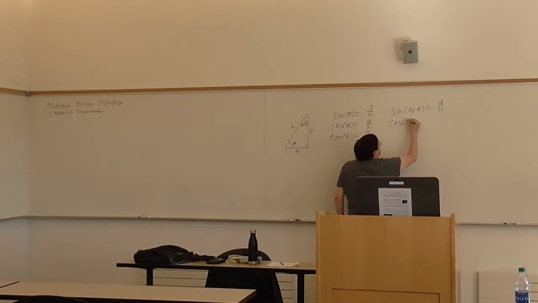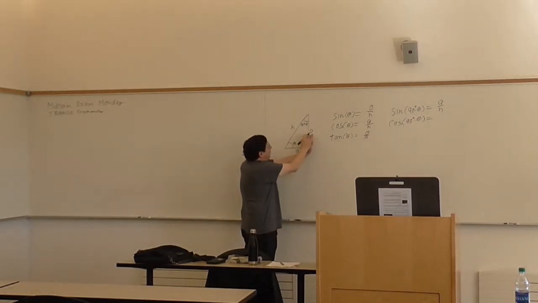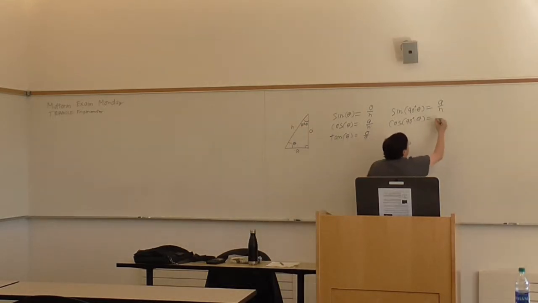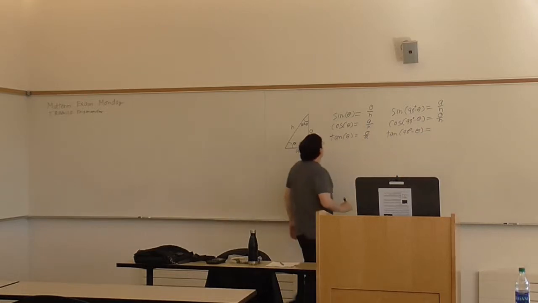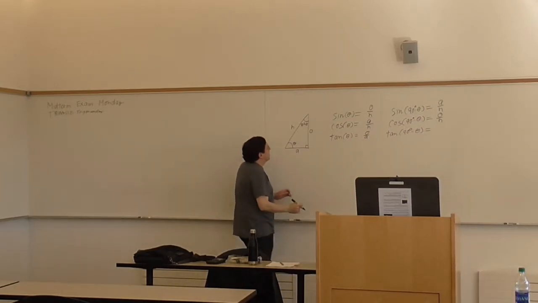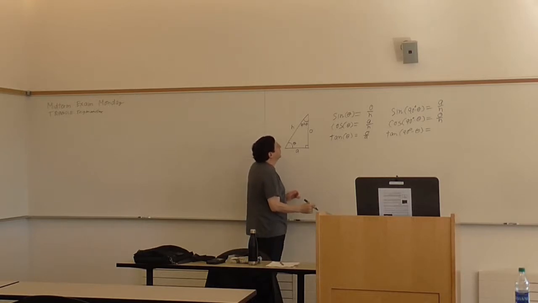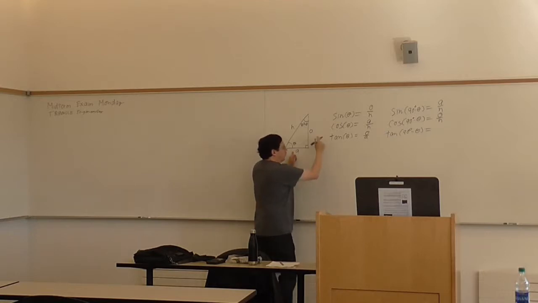The cosine of 90 degrees minus theta, okay, that's this side, the adjacent to this angle that we're calling the opposite over the hypotenuse. And the tangent, well, tangent is the opposite over the adjacent, but that's A over O.